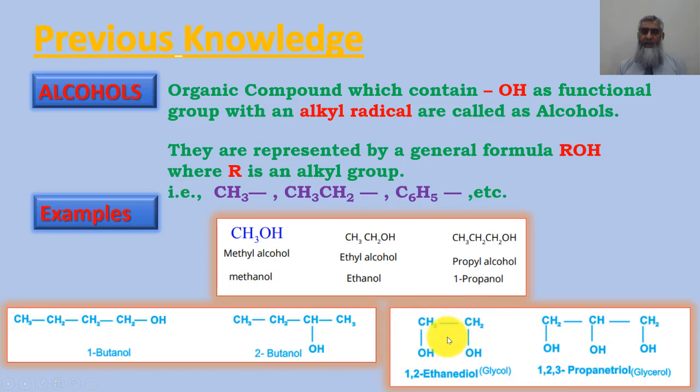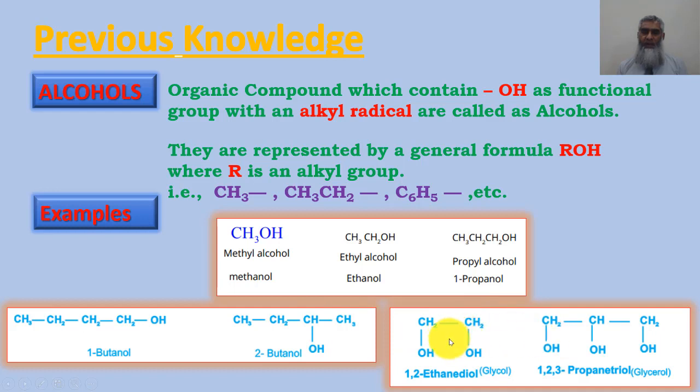There are some examples of alcohols which contain more than one OH group, like 1,2-ethane diol, commonly called as glycol, and 1,2,3-propane triol, commonly called as glycerol. These different alcohols have only one hydroxyl group or OH group as a functional group, and these are the alcohols which contain more than one OH group.